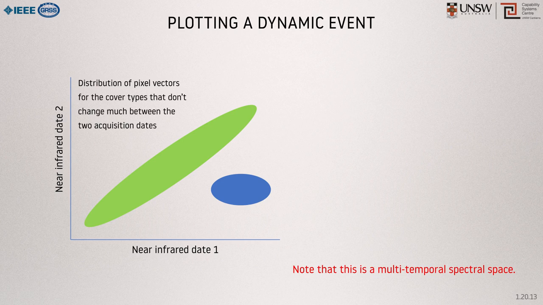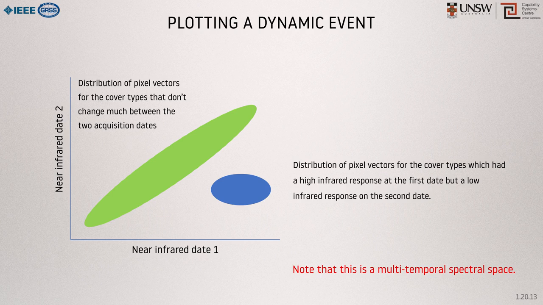Pixels which do not change from image to image, except for natural variations, scatter about a diagonal in the spectral domain in a roughly ellipsoidal fashion. The angle which that scatter makes to the axes will be determined by the relative solar irradiation levels. If there are no seasonal differences, it will be close to 45 degrees in this two-dimensional space.